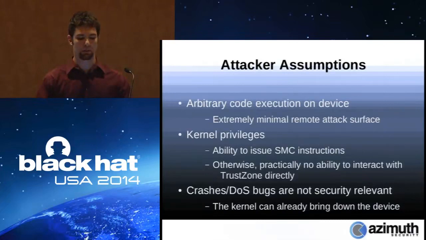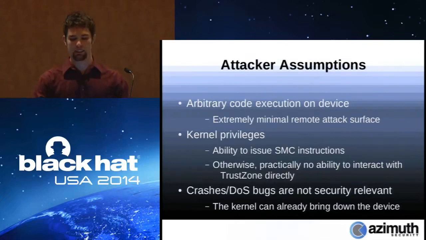And if we don't have kernel privileges, there's practically no ability to interact with TrustZone at all. You can imagine a scenario where some unprivileged application may be able to request that a privileged application make a call to TrustZone on its behalf that exploits a vulnerability in TrustZone, but as you can probably guess, this is seeming less and less likely to happen in real life.